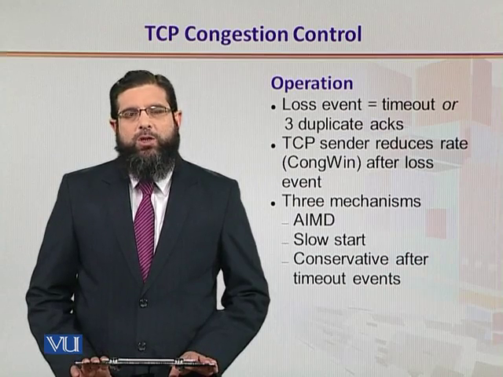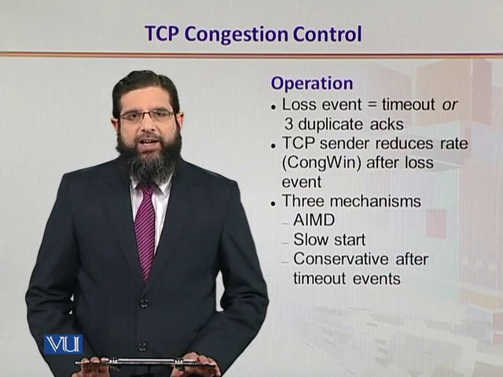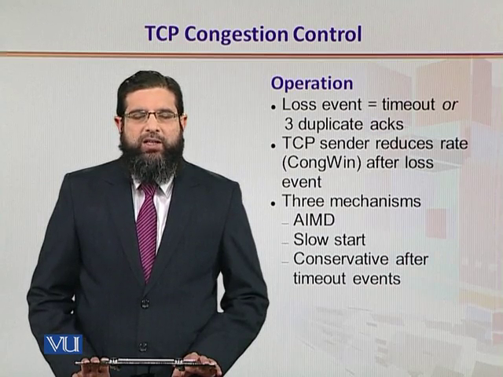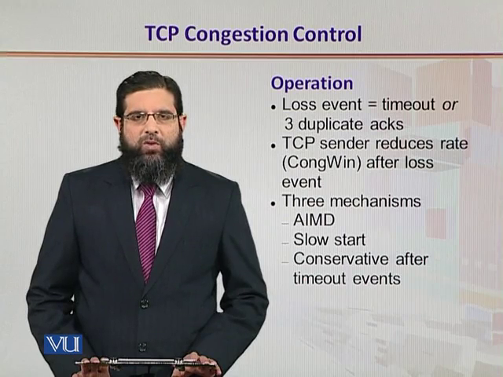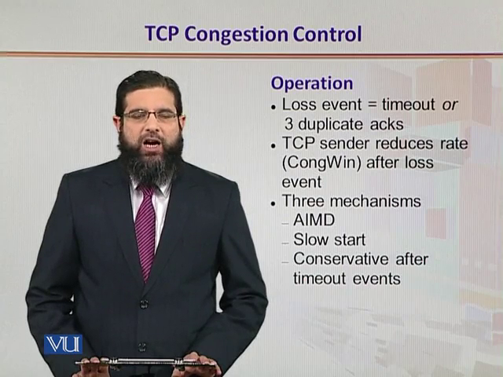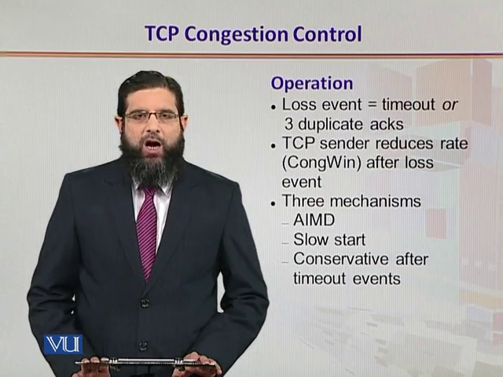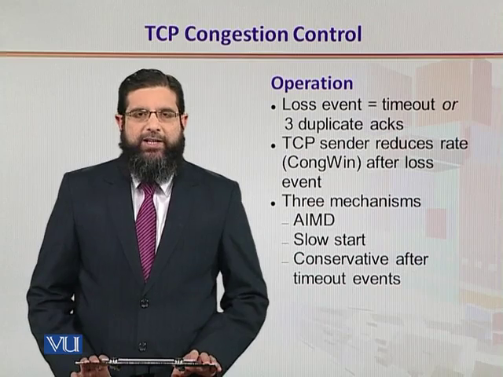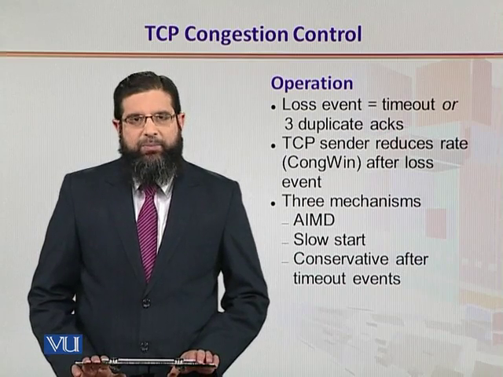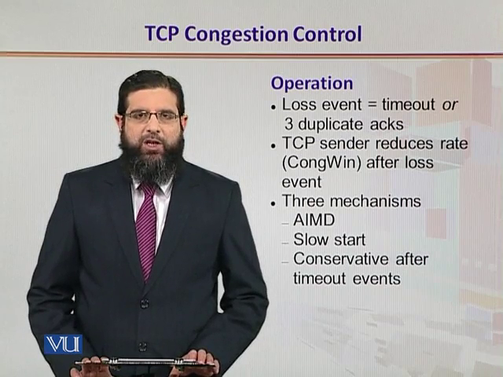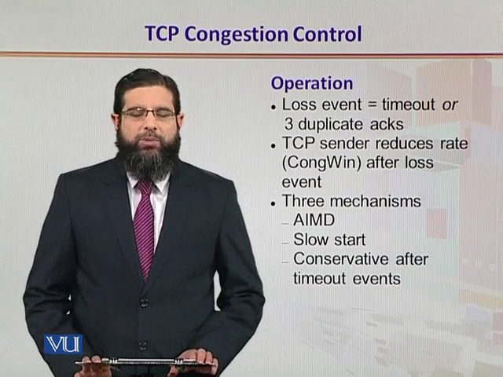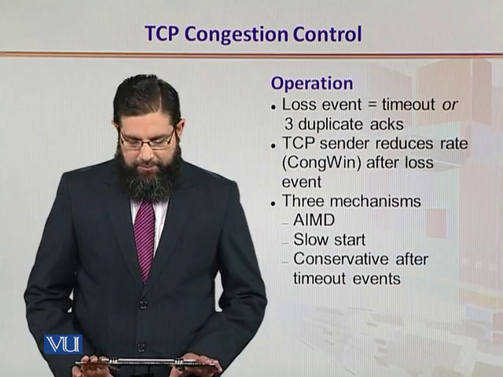When 3 duplicate acknowledgements arrive, it indicates that one of the packets has not been received and is stuck somewhere in the middle. So duplicate acknowledgements are telling the sender the good news that packets are getting delivered, but some of the packets are getting lost. So we can see that the timeout tells of a very grave picture, whereas the arrival of 3 duplicate acknowledgements tells that congestion is building up.